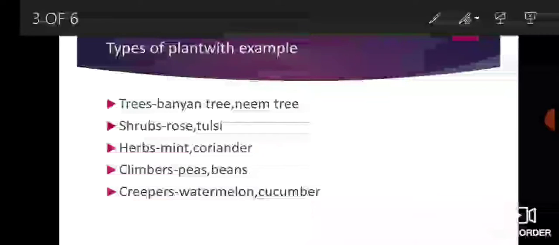This type of plants are known as creepers. For example, watermelon, cucumber, etc. You can see some plants spread on the ground, on your roof. For example, here are watermelon, cucumber, and also pumpkin. Okay.